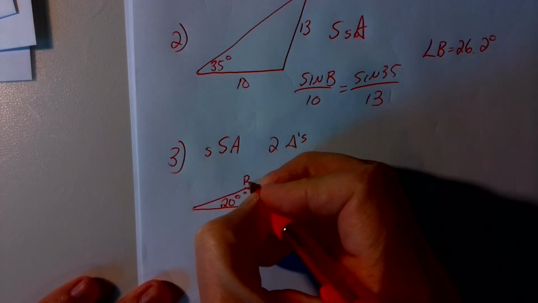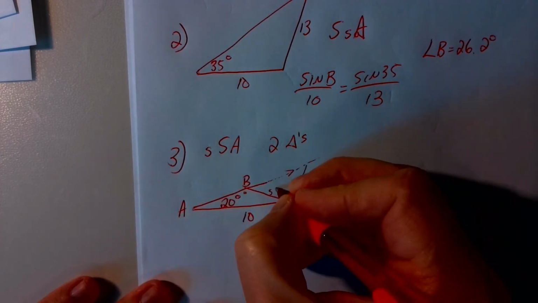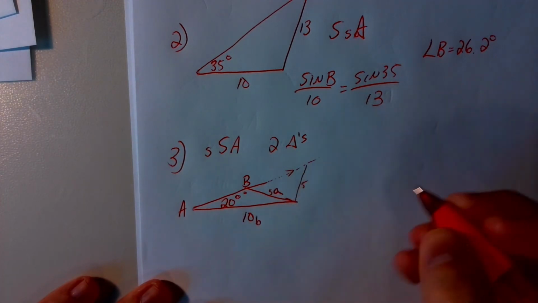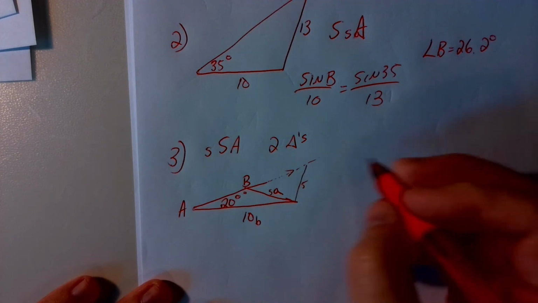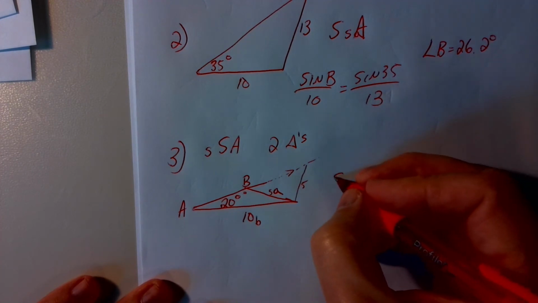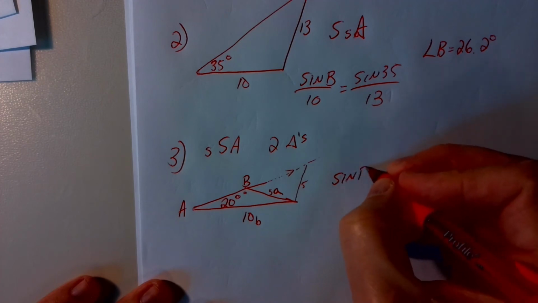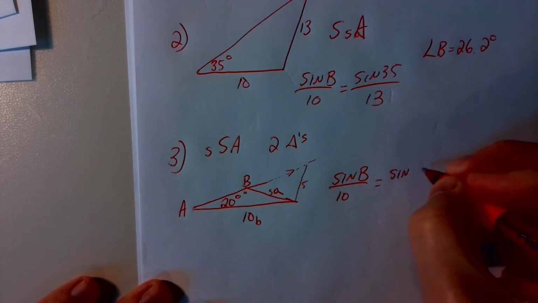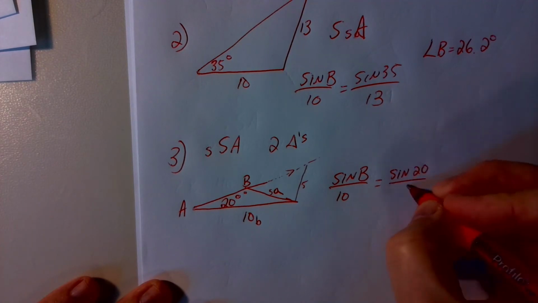So we're going to call this B, and this A, and this little a, and this little b. So I'm going to try and find the obtuse one first and see if that registers with you. So sine of b over 10 equals sine of 20 over 5.